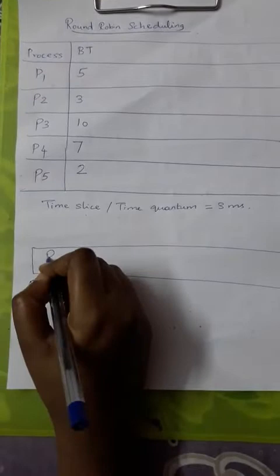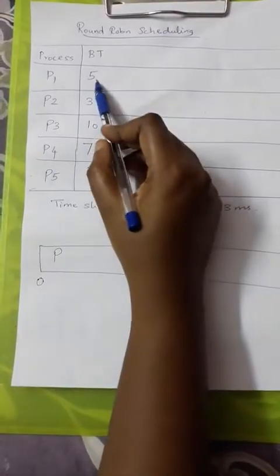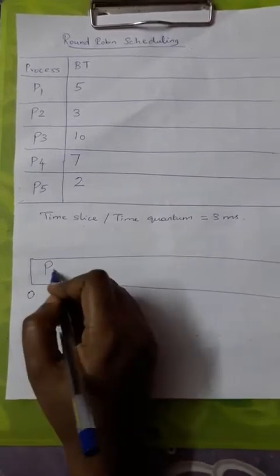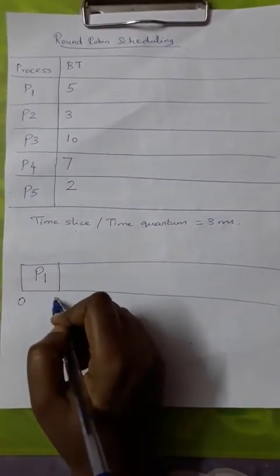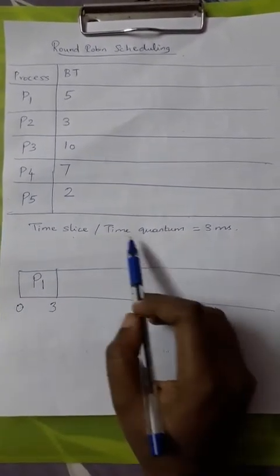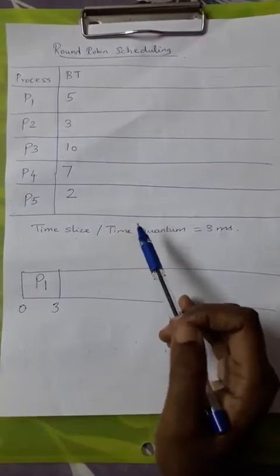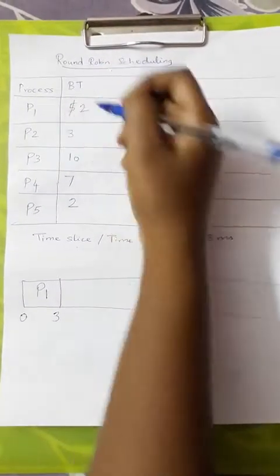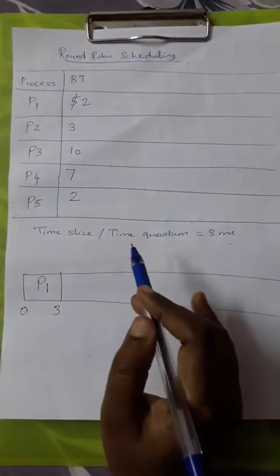Process P1 has burst time 5 and the time slice is 3 millisecond. So P1 will be executed up to 3 millisecond, and the remaining 2 millisecond are left to be executed. Keep it in mind.